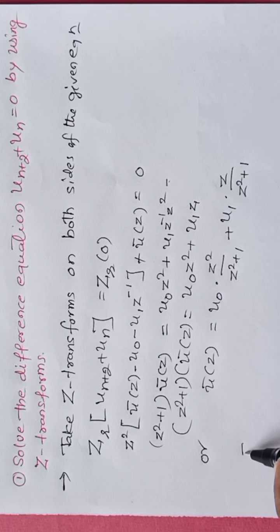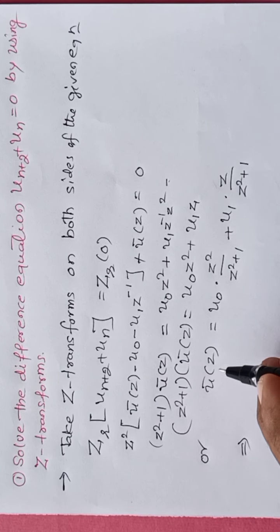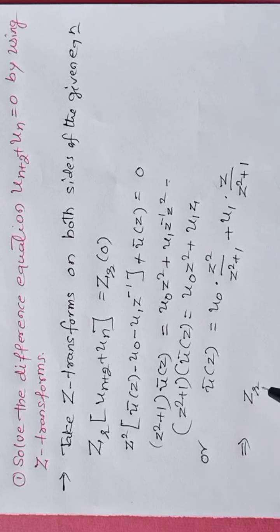This implies u bar of z is nothing but inverse z transform of this. Now we have taken inverse, so on both sides take inverse.